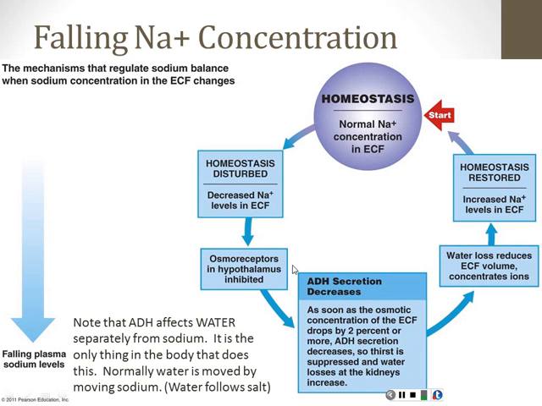And the response to it is the body treats it like it's a water excess, because usually that's what it is. So when you get a drop by 2%, ADH secretion stops, thirst is suppressed, and then water is lost in the urine, and eventually you get back to homeostasis. Because if we have a sodium concentration that's too low, and we take water away from that solution, it's going to go back up to normal.